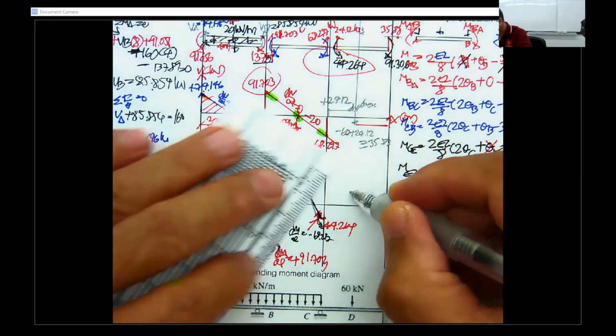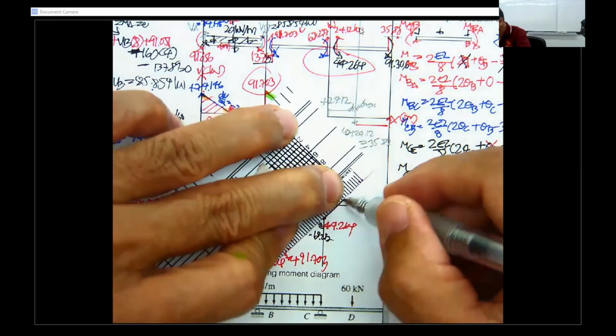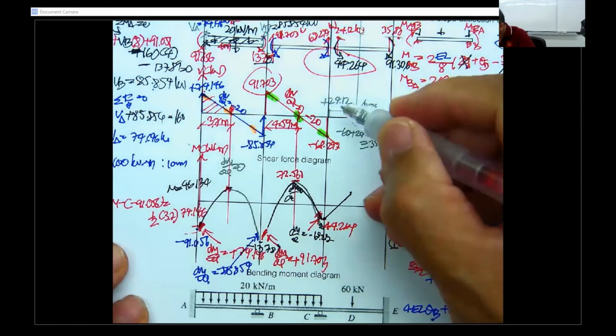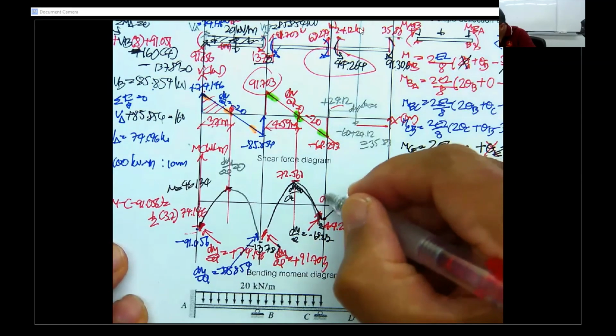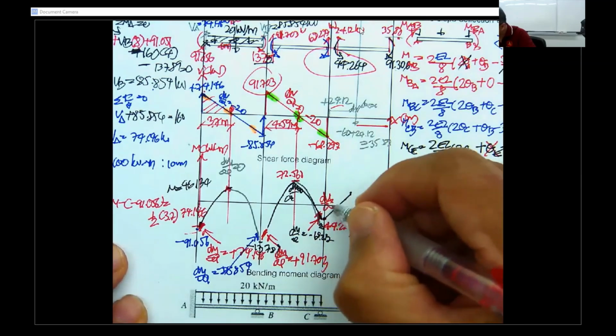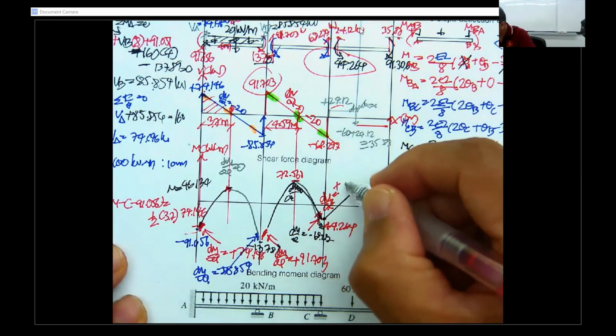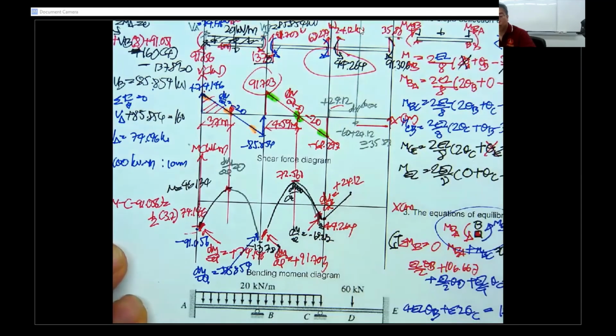Okay, the curve here must be something like this, and since this one 24.12, dM/dx is going to be plus 24.12.